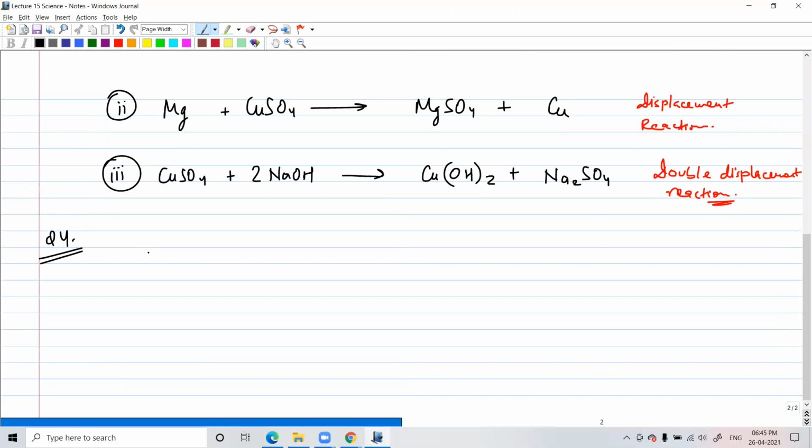Okay, so I will write a reaction. You have to tell me which compound is reduced, which compound is oxidized, which is the reducing agent, which is the oxidizing agent, everything, all the four answers you'll have to give.